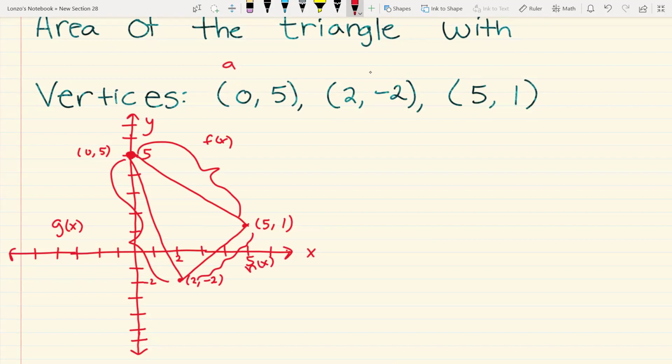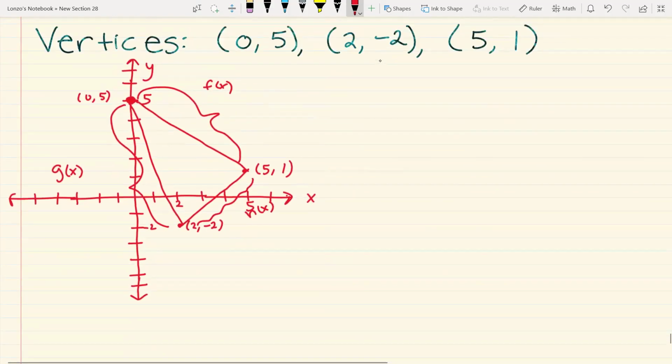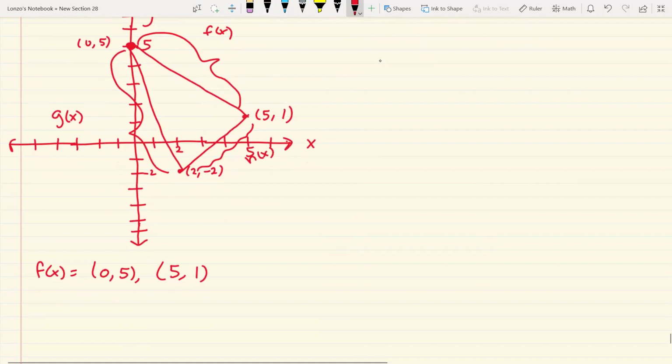So let's find the equation of those 3 lines. So let's start with f of x. F of x goes through the point 0, 5 and 5, 1. Okay, so let's find the slope.